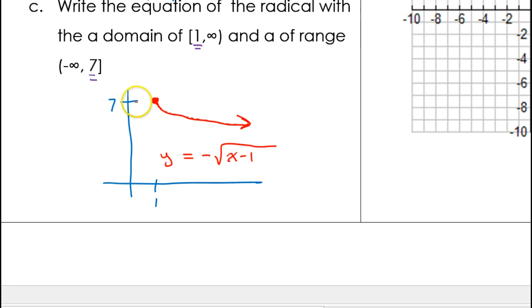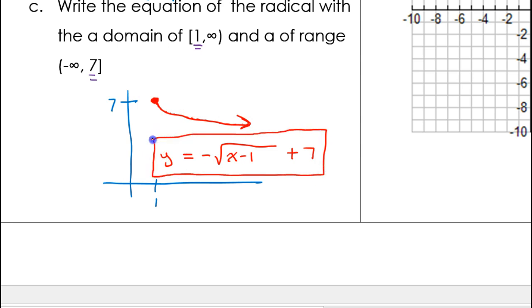If we want it shifted up by 7, we need a plus 7 on the end. So the new part is this negative sign in the front. That's how we get a reflection over the x-axis. So this equation would have the domain and the range that we want.